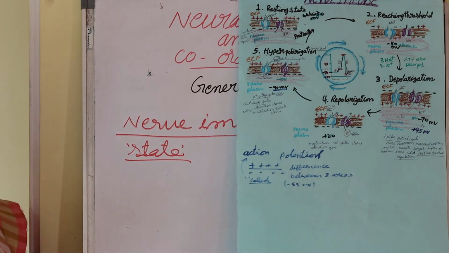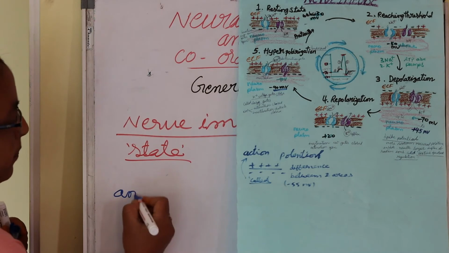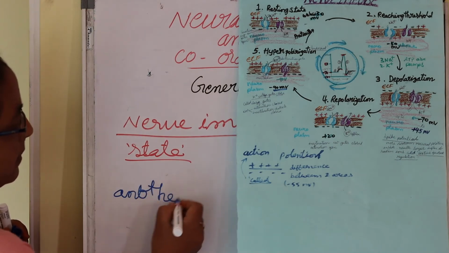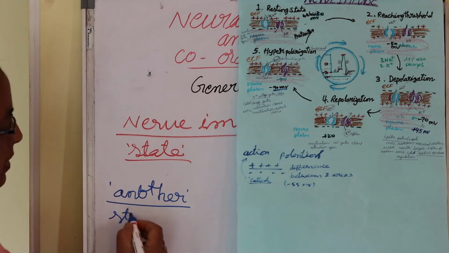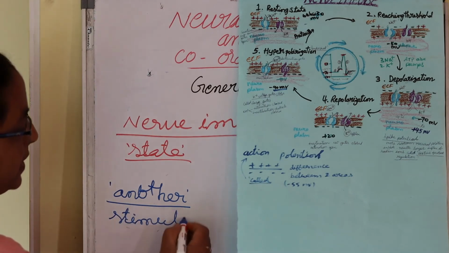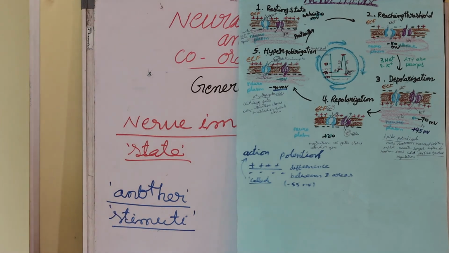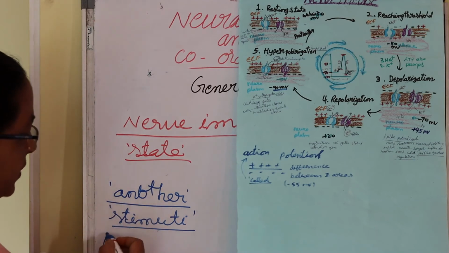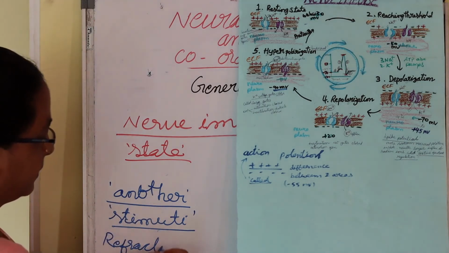In the refractory period, another stimulus cannot generate or conduct an impulse while the action potential is being generated. That's why we call this period the refractory period.